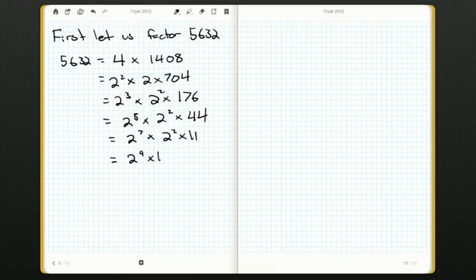So that's 2 to the 9 times 11 to the power of 1, I guess. And we can double check that. Yeah. 2 to the power of 9, that's going to be 512 times 11, that's 5632. Okay.